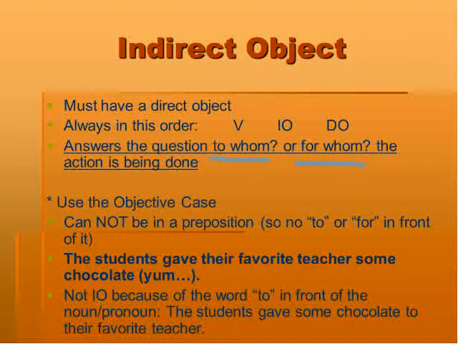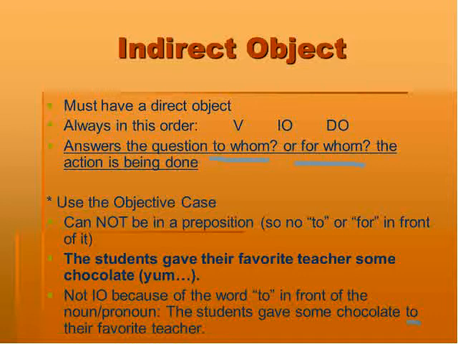It cannot be in a preposition though. Here's an example: The students gave their favorite teacher some chocolate. To whom or for whom is that action being done? This would be incorrect: The students gave some chocolate to their favorite teacher, because it has a preposition. We're not going to use it for indirect objects.